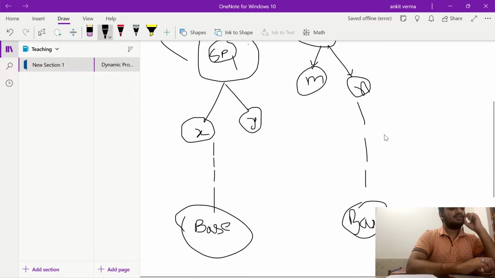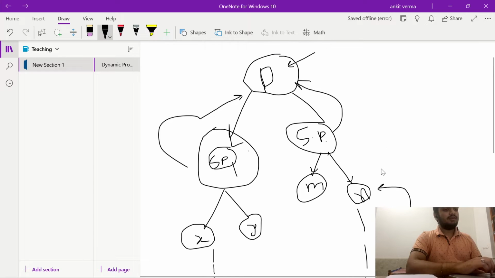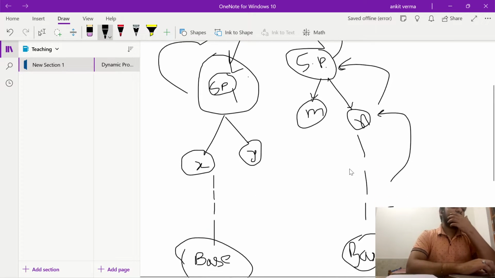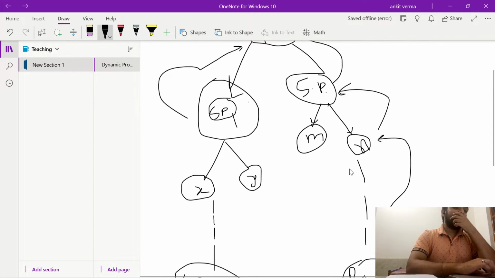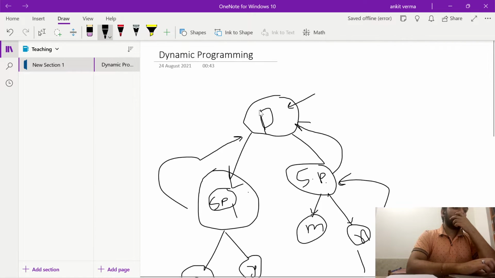When this returns something for the upper problem, and these subproblems are returning something to the upper problem, and this upper problem becomes something for its upper problem. So basically what we can say is that we want to find the answer for the base problem, and then we can proceed to finding the main problem's answer.